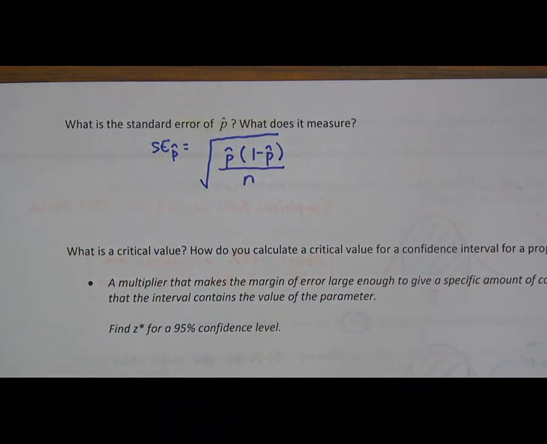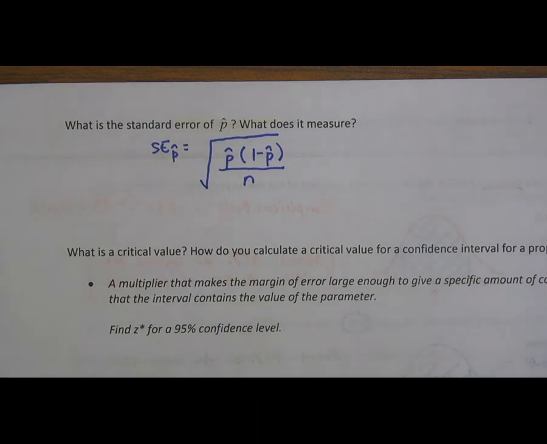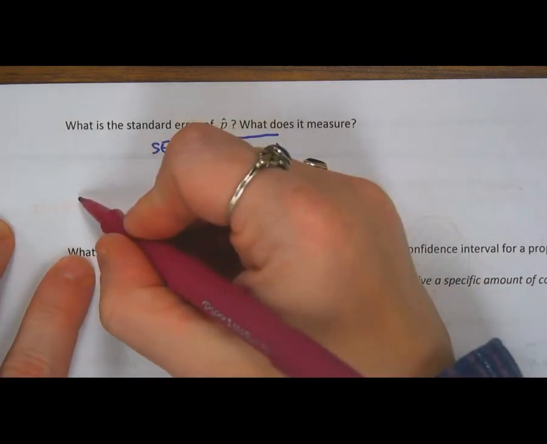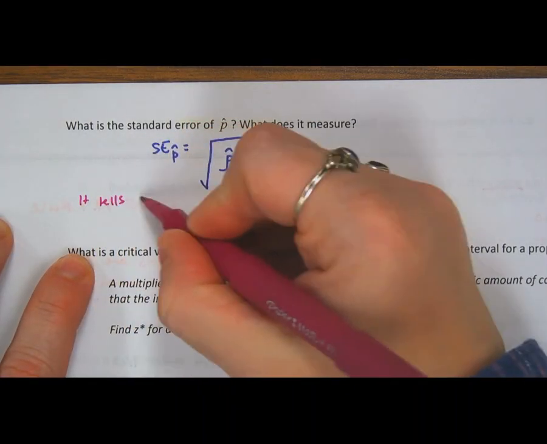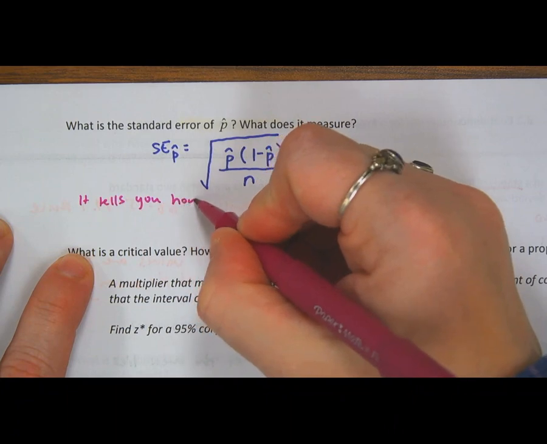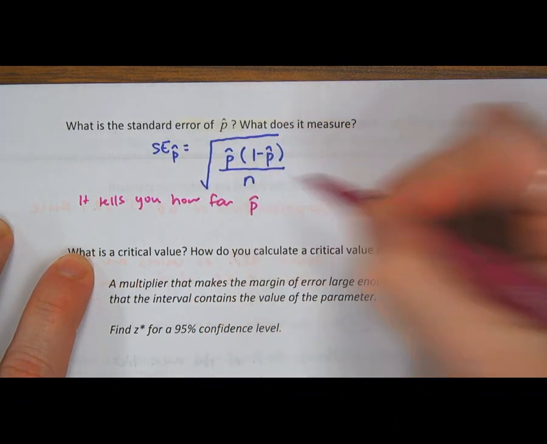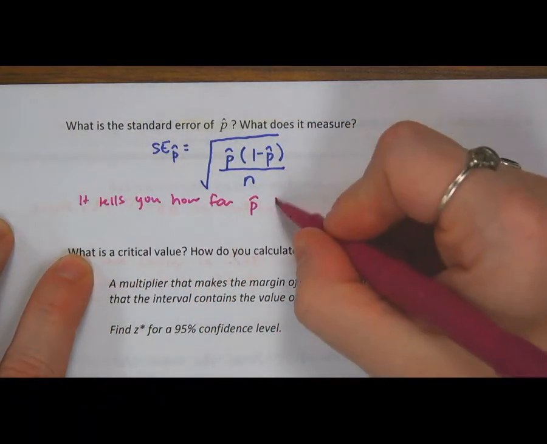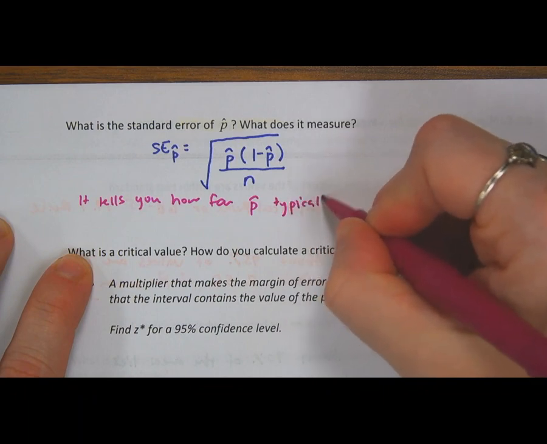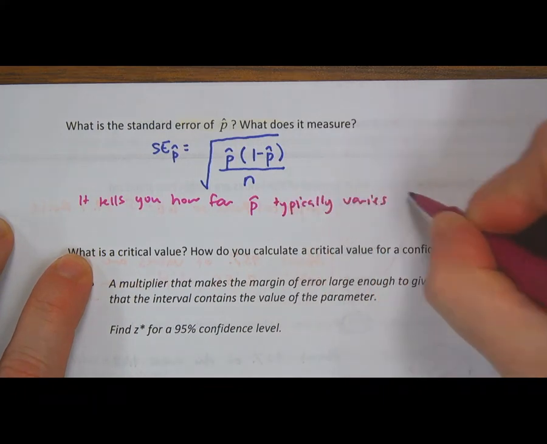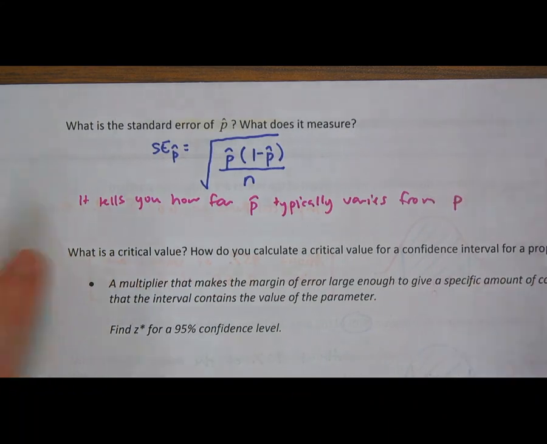Here's what that tells you. Once you crunch the numbers and get some kind of decimal value, it tells you how far p-hat typically varies from p. It tells you how far the statistic typically varies from the parameter, the population proportion.